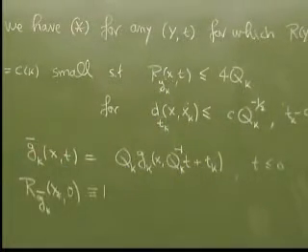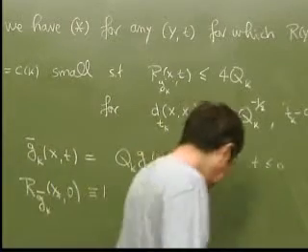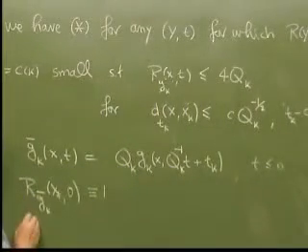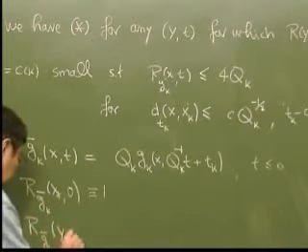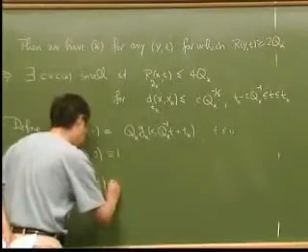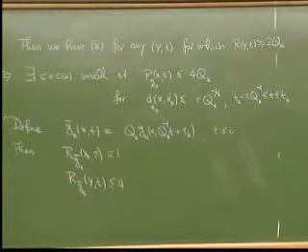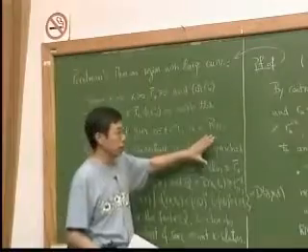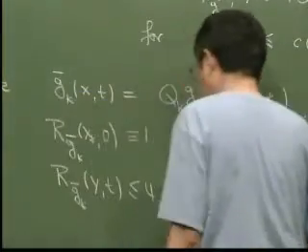Also G K bar of Y, T is less than or equal to 4. It's bounded from above because this is a region where the scalar curvature is very big. By this pinching condition, we know the scalar curvature is positive when the curvature is sufficiently big. So it's bounded from above in the region.